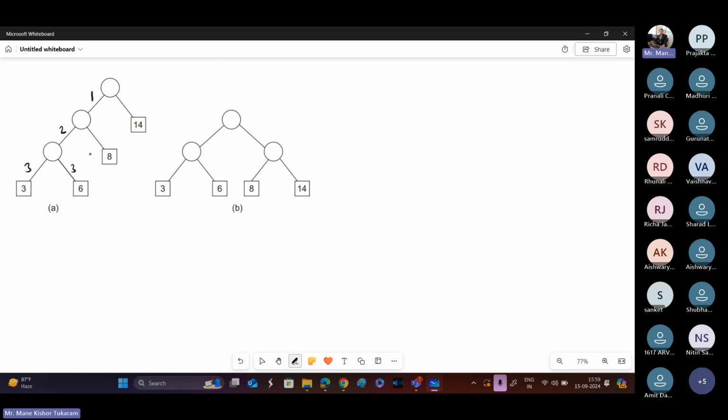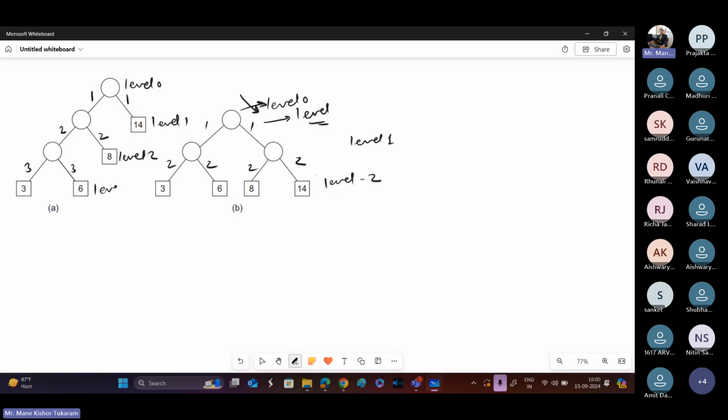Then again it is third level, second level, first level. Again 1, 2, 2, 1, 2, 2. These are nothing but the levels. म्हणजे कुठल्या लेवलला आहे, हे सेकंड लेवलला आहे रूट पासून. Okay, so level 2, level 1 and level 0. So the root is always at level 0. So level 0, level 1, level 2 and level 3.